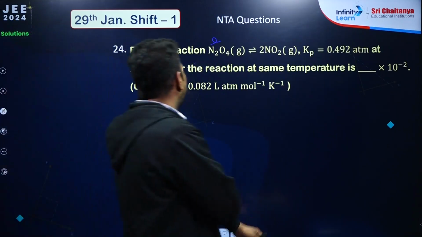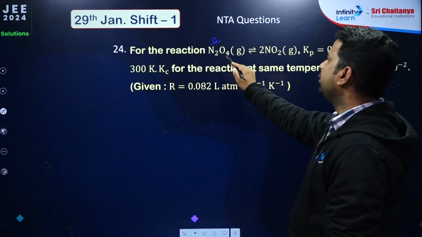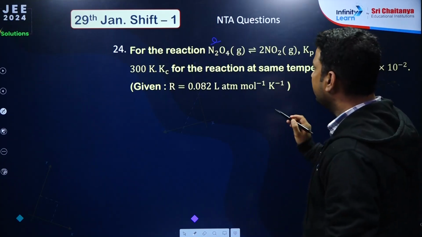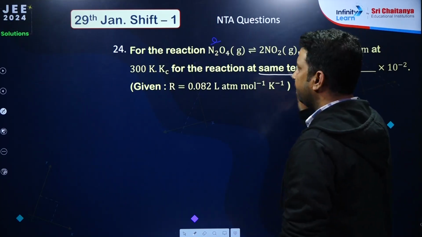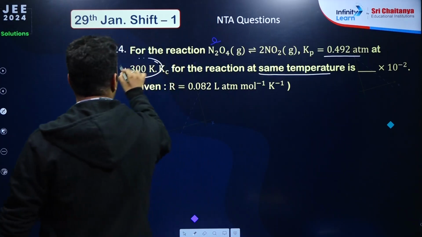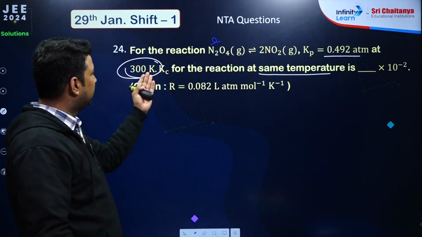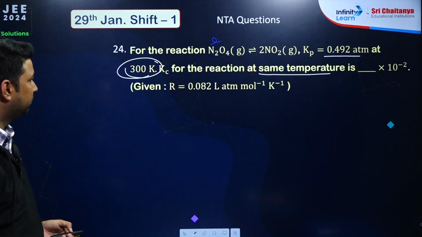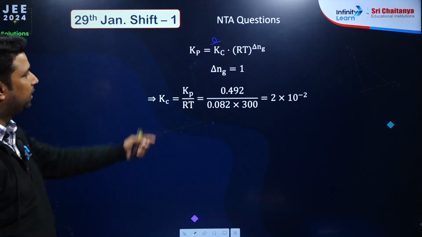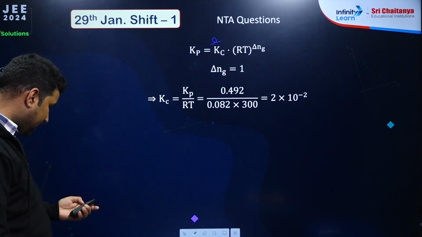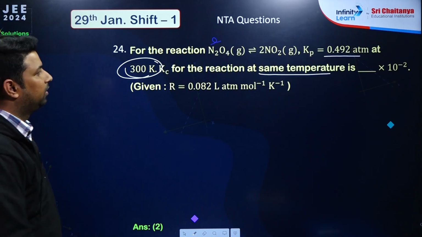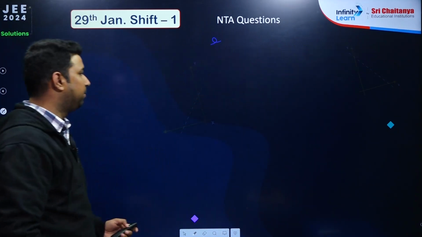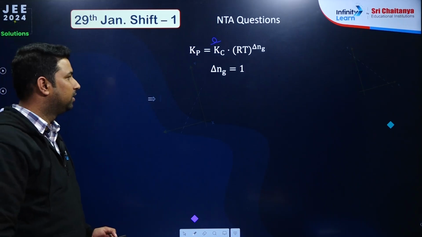Come to the next. In this question, the decomposition of N2O4 is given. Kp is also given, and at the same temperature, which is 300 Kelvin, Kc is asked. That is, Kc for the reaction we have to calculate. Okay. What is the solution? We know the relation. And what is delta ng for this particular reaction? 2 minus 1. So delta ng is simply 2 minus 1, that is 1.